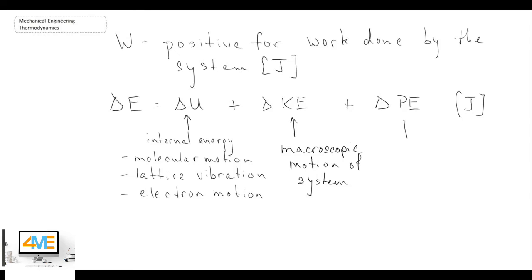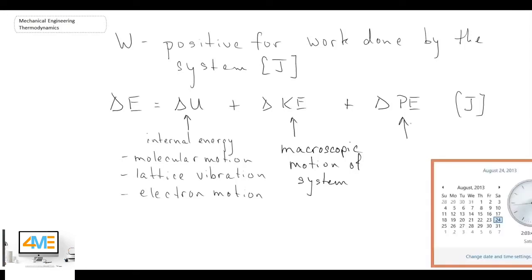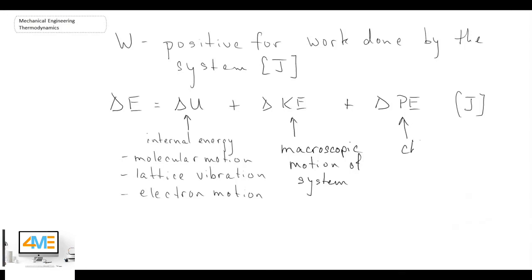And finally, delta PE refers to a change in elevation with respect to some reference frame. So those are the terms within the first law of thermodynamics.